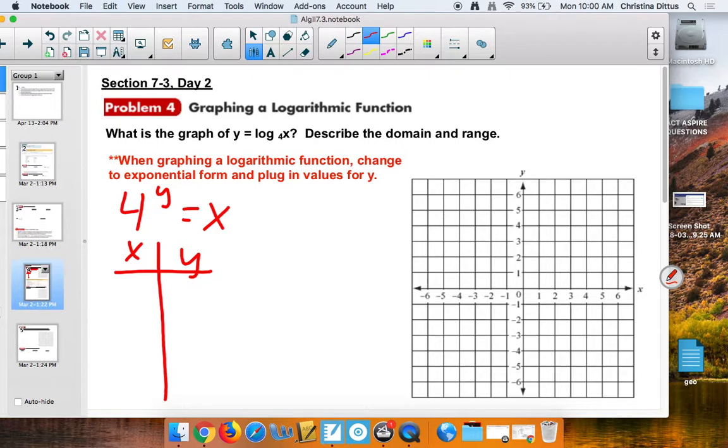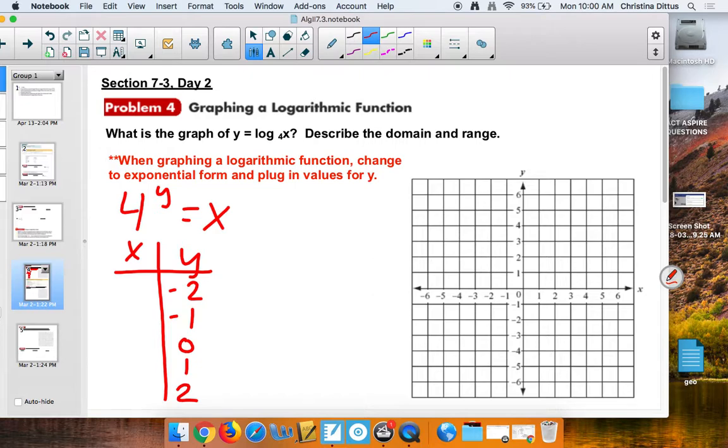Just like when we graphed our exponents, we want our exponents to be things like -2, -1, 0, 1, 2. That's our y column. So fill out your y column first. -2, -1, 0, 1, and 2.